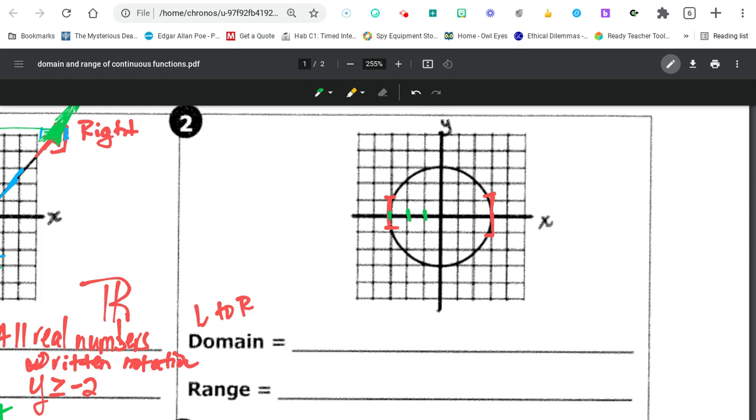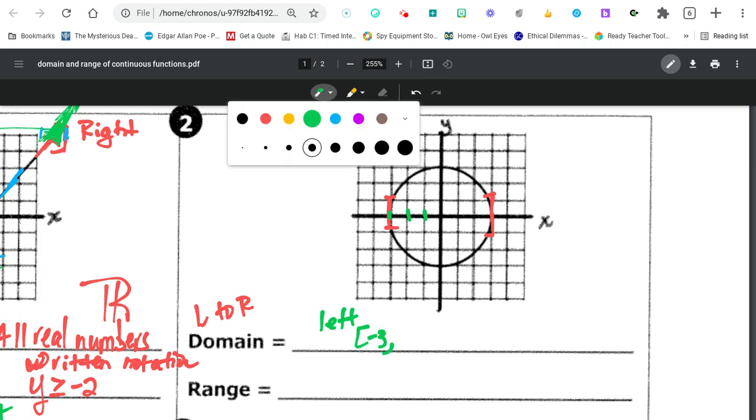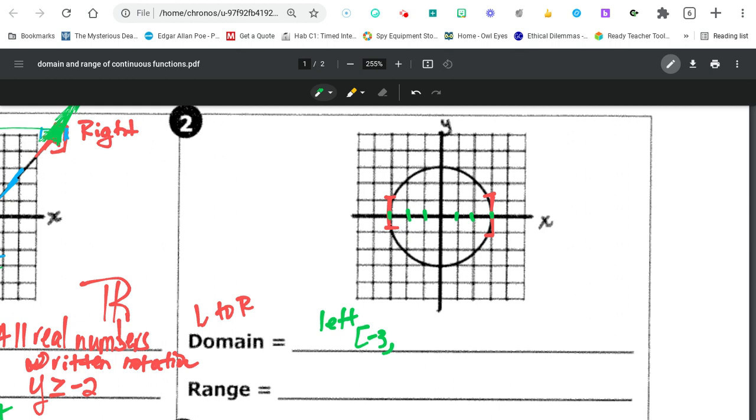So it stops at -3 to the left, so use a bracket. And to the right, it stops at 1, 2, 3. Use a bracket because it actually stops there. So left to right, it's -3 to 3.